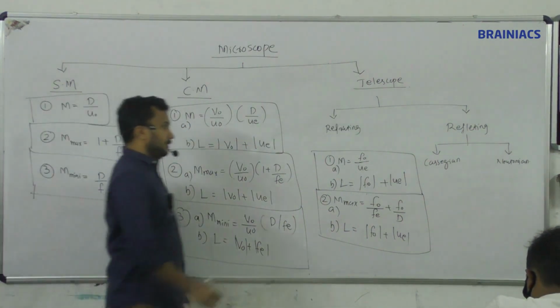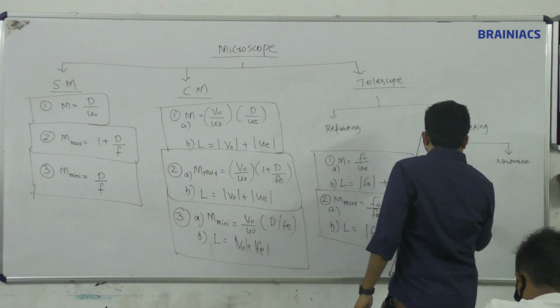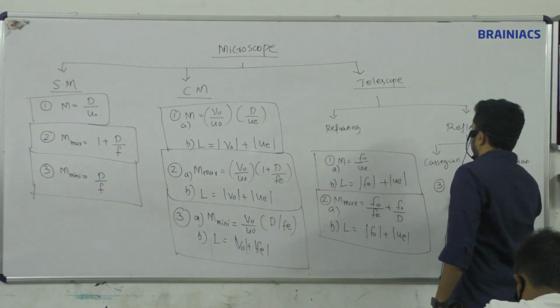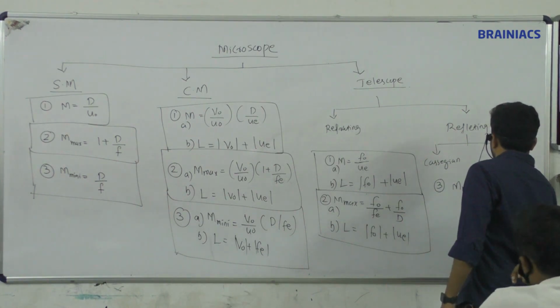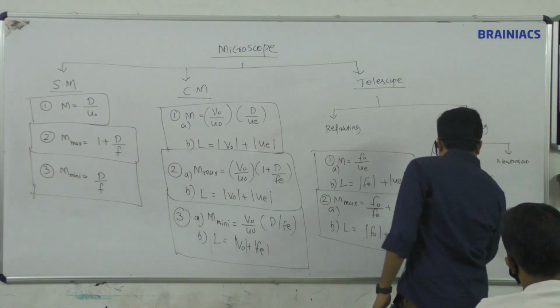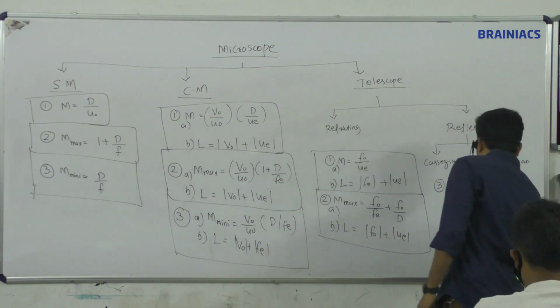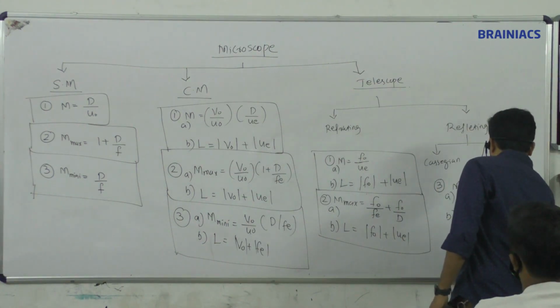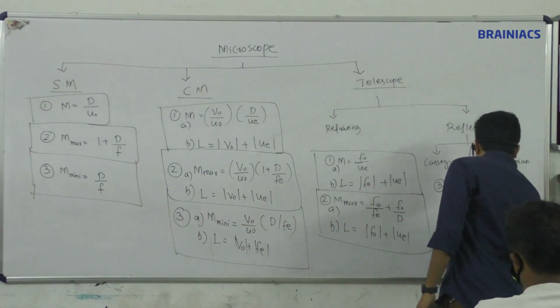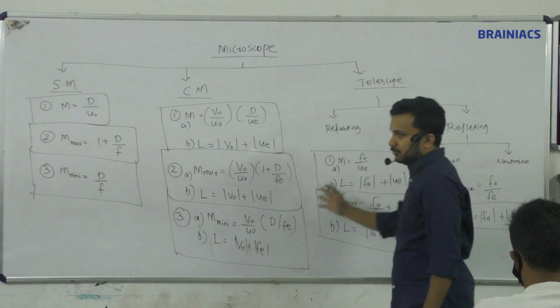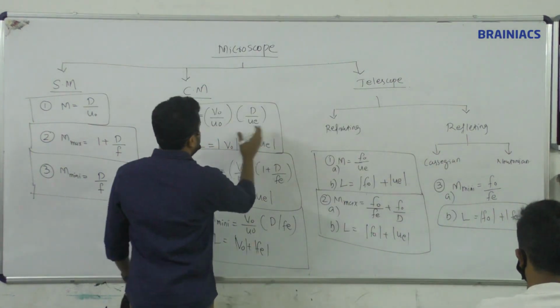Now the third part. M minimum equals f0 by fe. Part A, part B, length equals f0 plus fe. You can place modulus everywhere, okay? All are modulus. Magnification I have not placed in modulus.